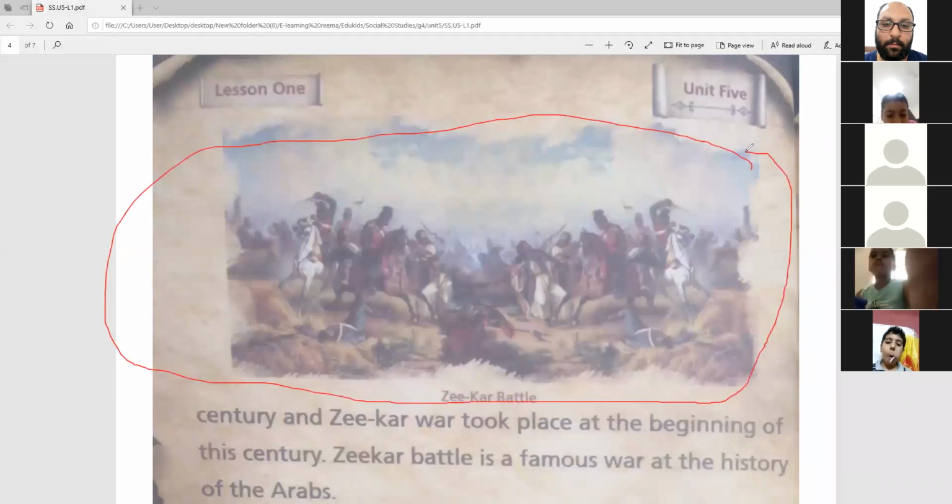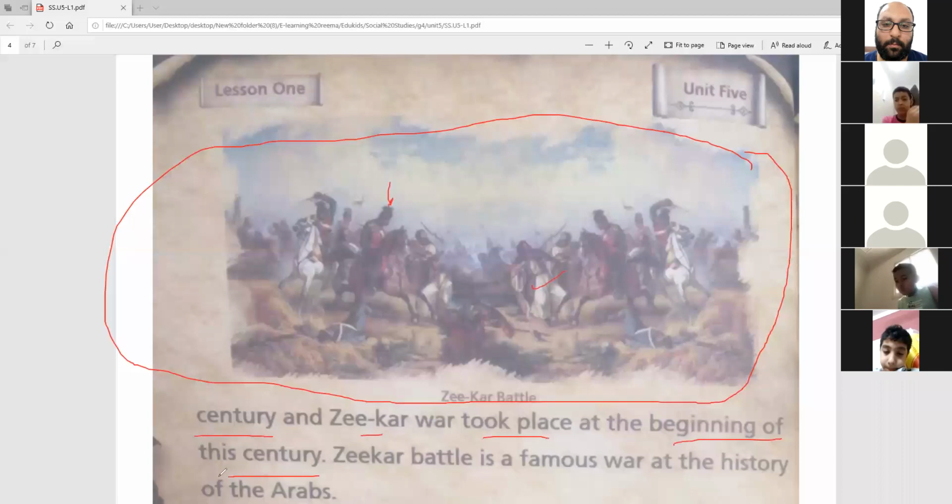This is a picture of the Dhi Qar battle itself, with Persians and also Arabs. It happened in the 7th century, and the Dhi Qar war took place at the beginning of this century, not at the end or the middle.